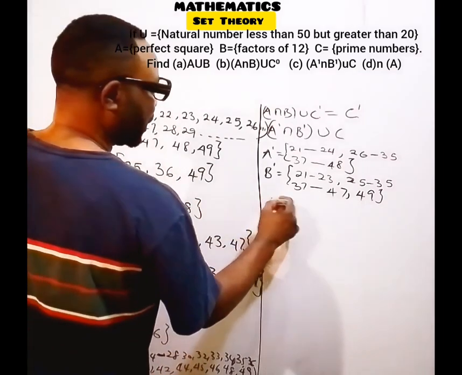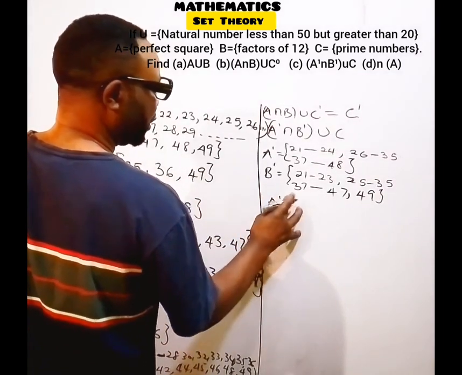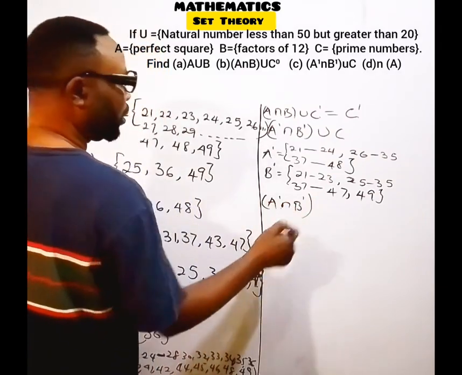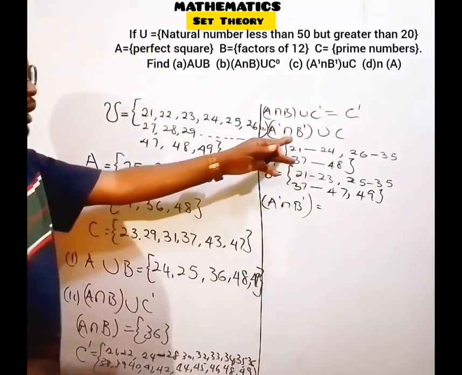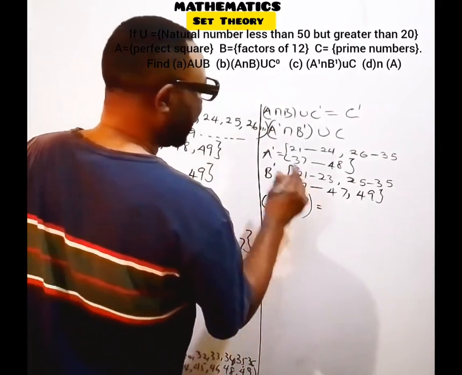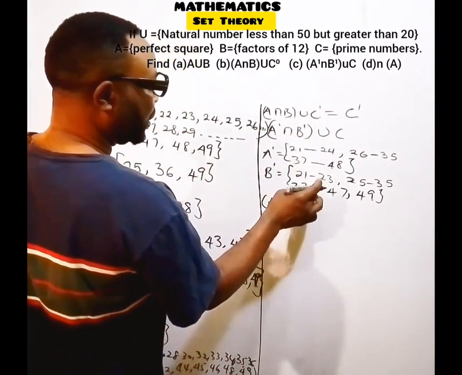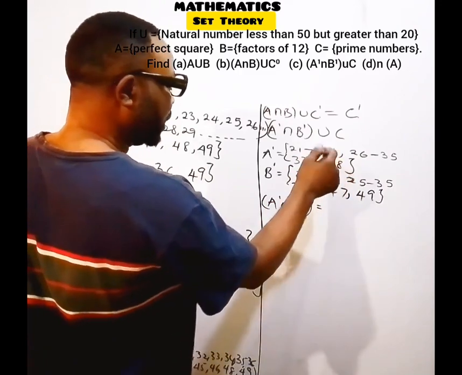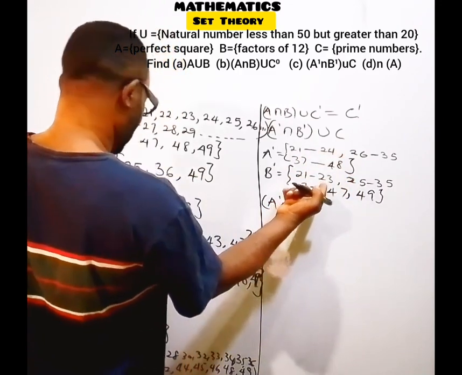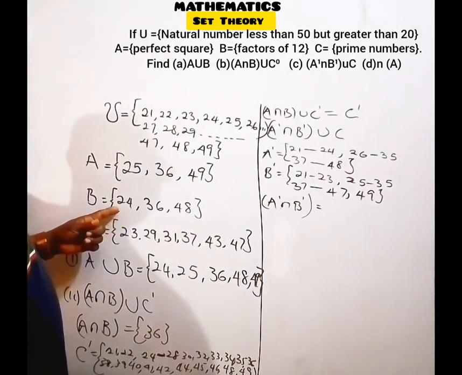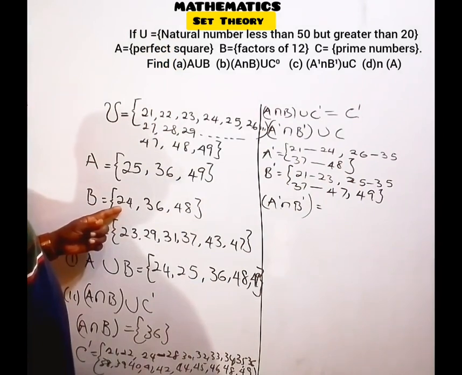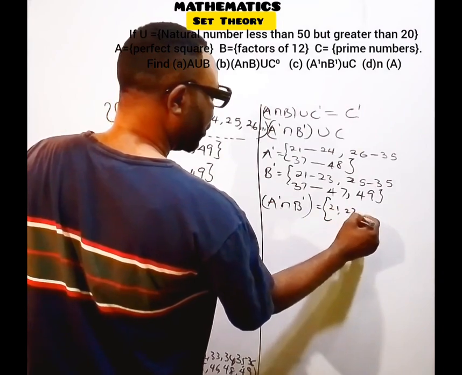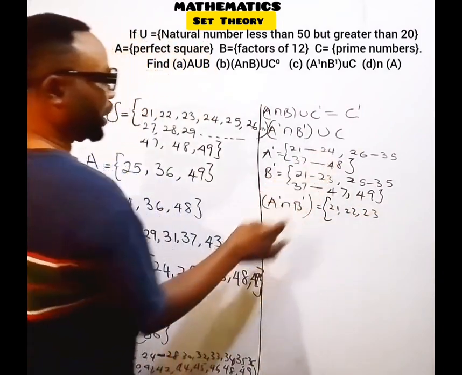Let's find A complement intersection B complement first. What are the common values? That will be 21, 22, 23. There is no 24 in B complement.